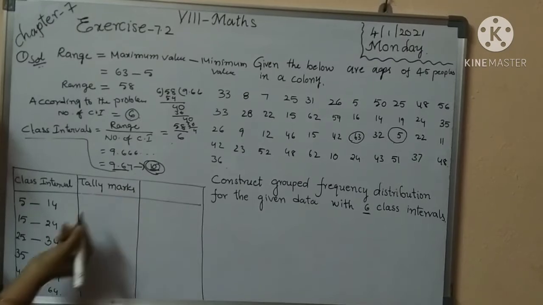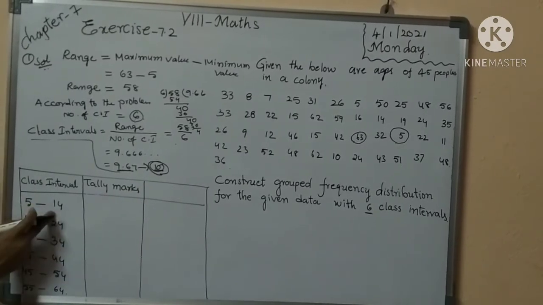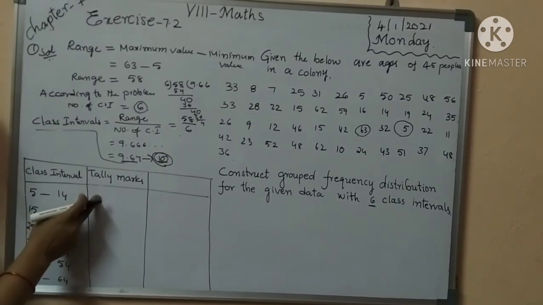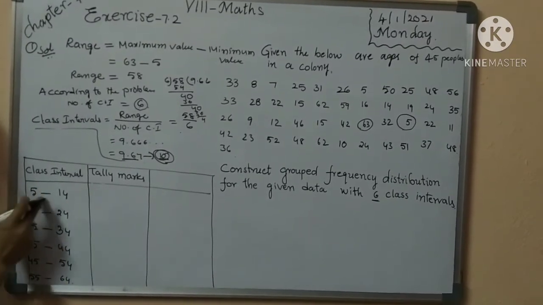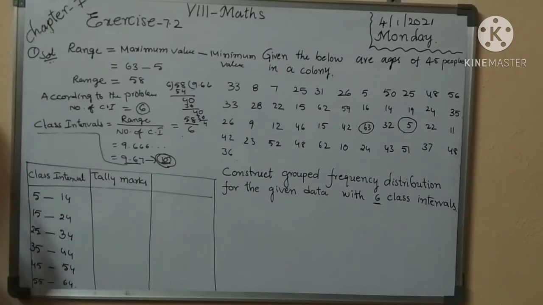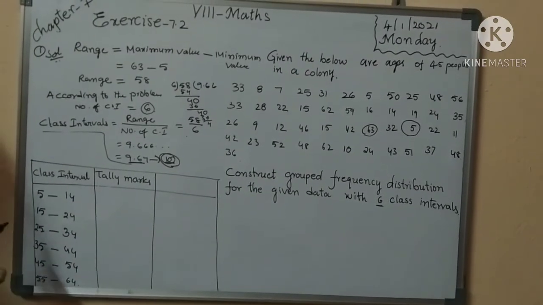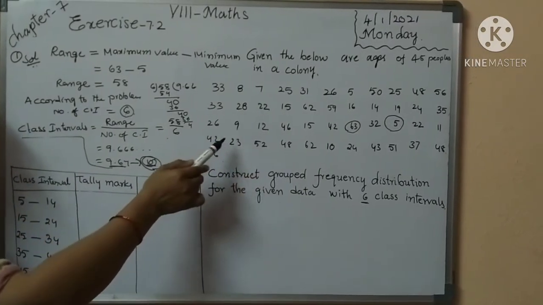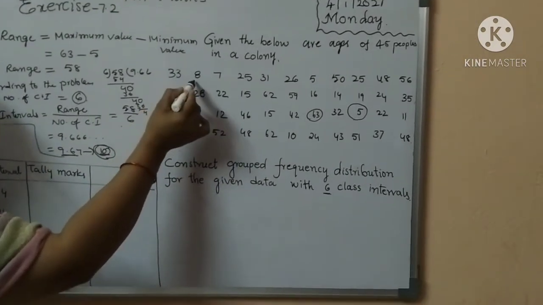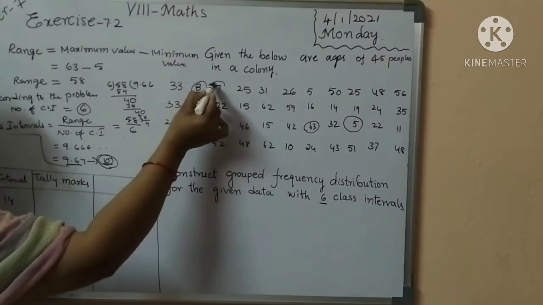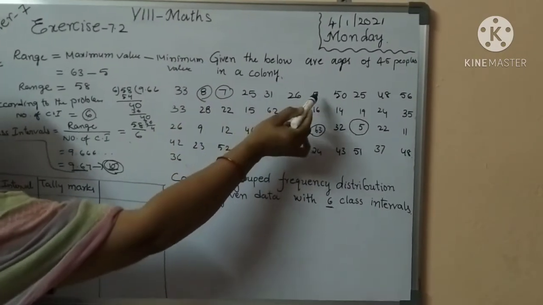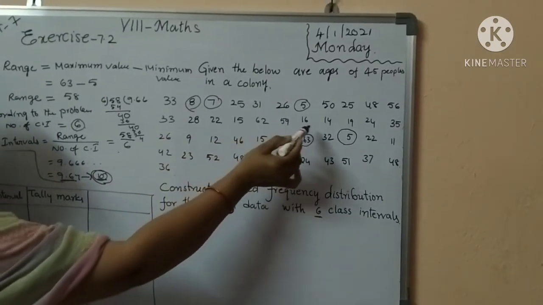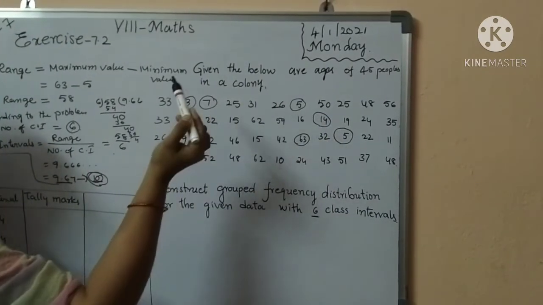Tally marks means, for ages 5 to 14, how many people are there? Draw the lines. How many people are there in 5 to 14 only? First observe the data. In the first line 8, 2, 3. And here 4.